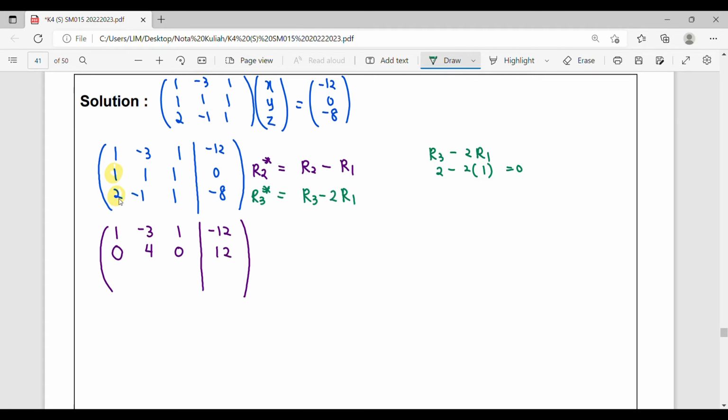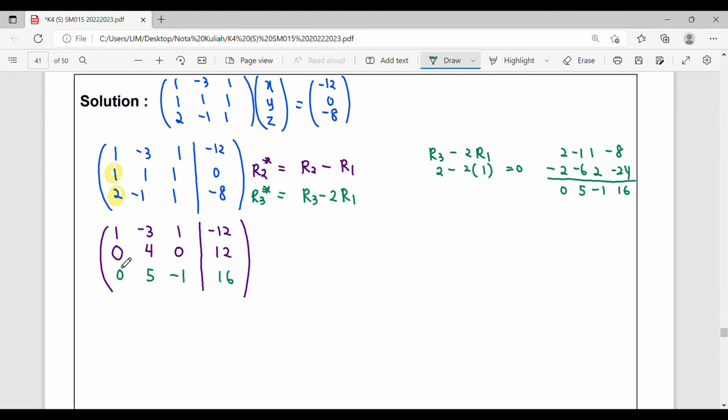We take our row 3, 2, -1, 1, -8, and row 1 times 2: 1 times 2, -3 times 2, 1 times 2, and -12 times 2, which is -24. So we're going to subtract. Here we get 0, 5, -1, 16. So we are done with the first step where we get 0.